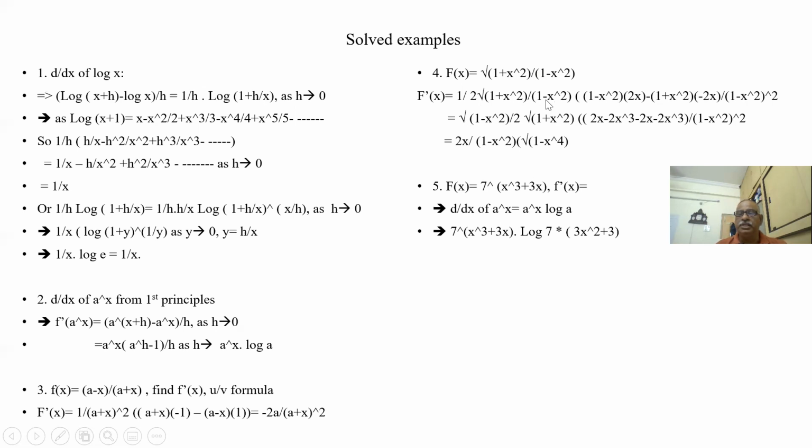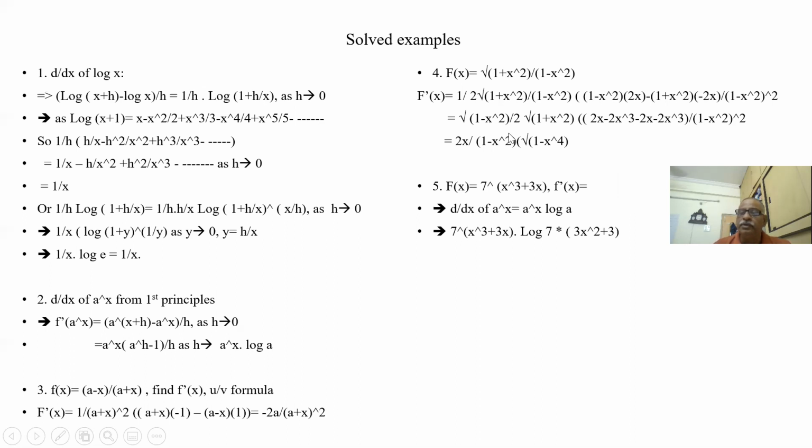So 1 minus x square has come up. Root of 1 minus x square by 2 root of 1 plus x square into 2x minus 2x cubed minus 2x cubed by 1 minus x square whole square. So 1 plus x square into 1 minus x square is 1 minus x to the power of 4.